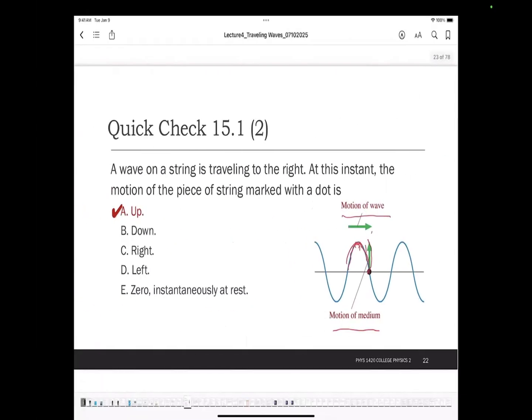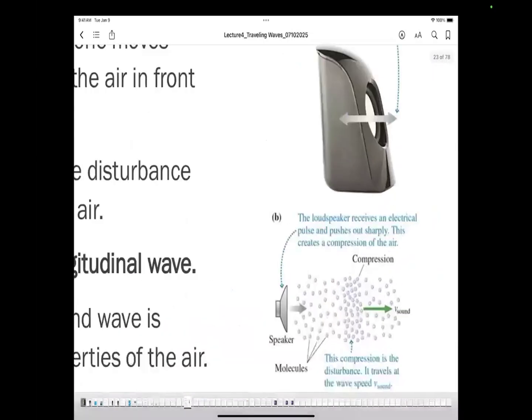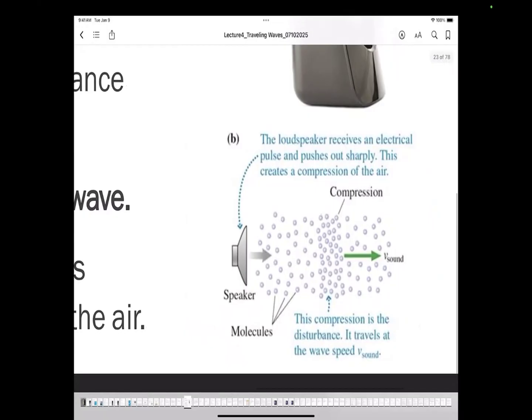This is just the string wave. Let's talk about sound waves. When a loudspeaker cone moves forward, it compresses the air in front of it. When the loudspeaker receives an electrical pulse and pushes out sharply, this creates a compression of the air. This compression is the disturbance.